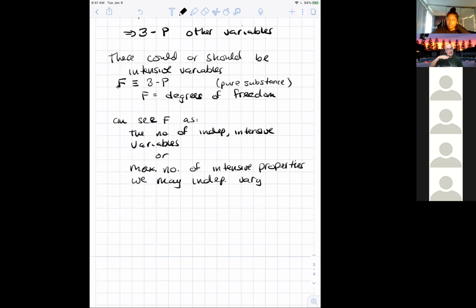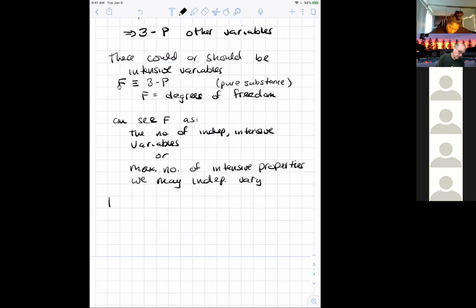Which is really an independent variable. We could change that external pressure, but then that's going to change the volume, right? Because they're tied together. So the Gibbs phase rule will always tell us the number of variables or properties that we can actually vary or control, even if we think we're doing more than that.